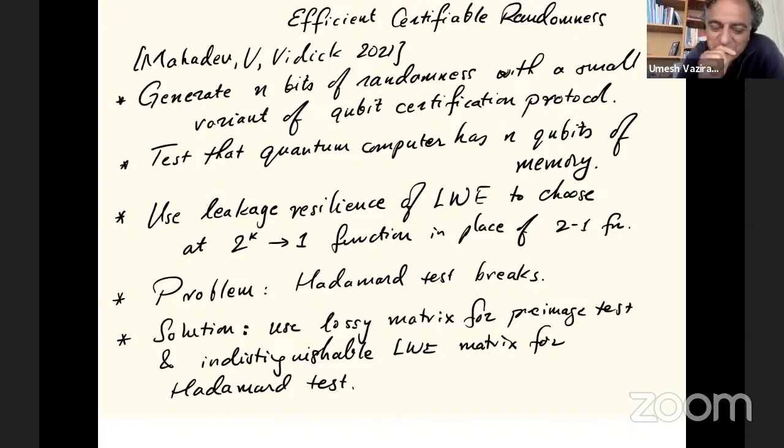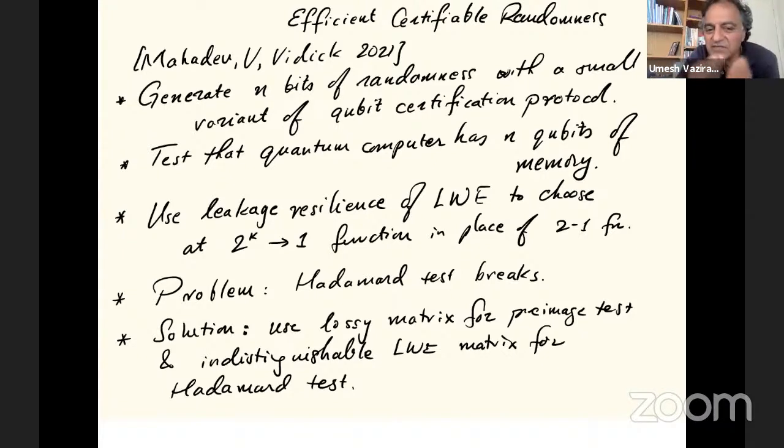Once you actually generate these n bits of randomness, you can also use it as a test that your quantum computer has at least n qubits of memory. The test uses a very simple idea.